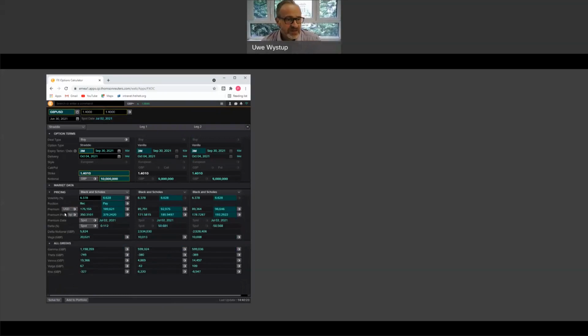Let's have a look at the delta positions. You can see here your spot delta is 50,681 in dollars, I think, for the call, and for the vanilla put it's minus 50,568, so up to a couple of dollars of rounding issues.